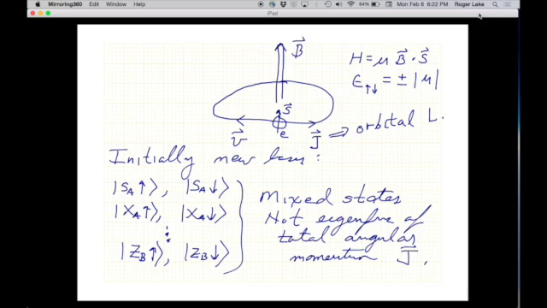There'll be eigenfunctions of the pure angular momentum operator J, and go from there. So let's start that process. We'll just begin it and continue next time.